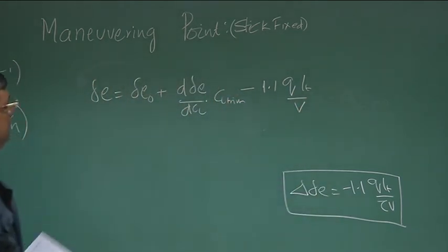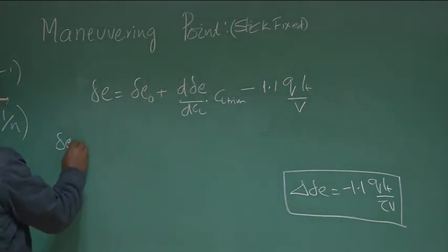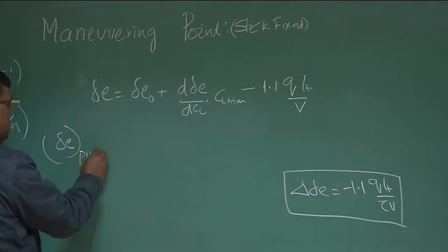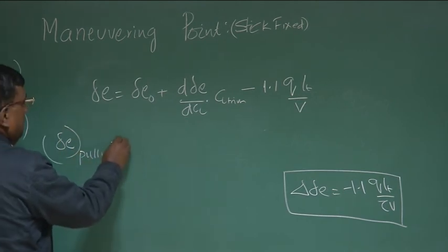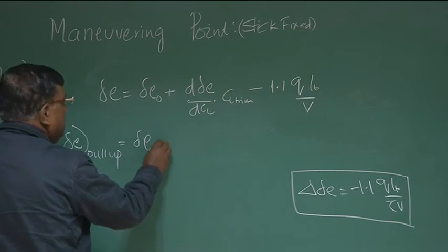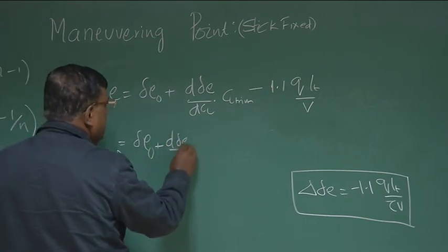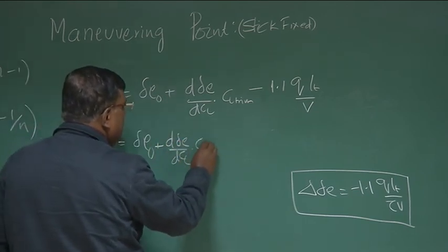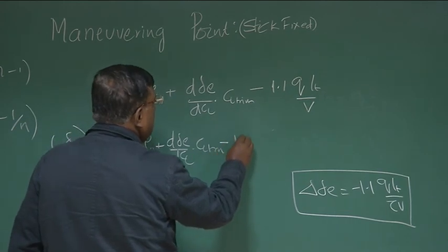So I know that the delta E required for a pull-up is delta E naught plus d delta E by dCl into Cl trim minus 1.1.